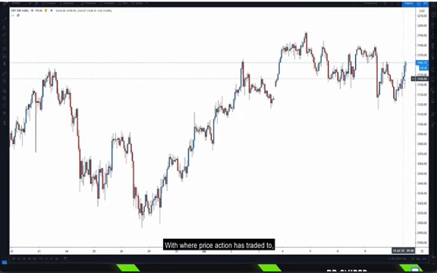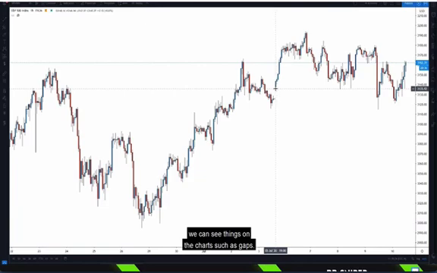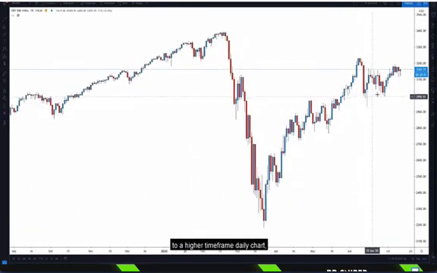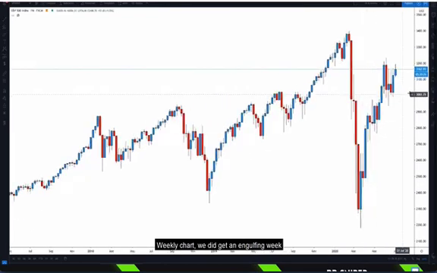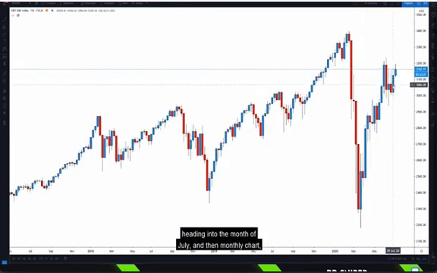With where price action has traded to, we can see things on the chart such as gaps. If we were to walk it back to a higher time frame daily chart, we are in a little bit of a consolidation at this point. Weekly chart, we did get an engulfing week heading into the month of July.